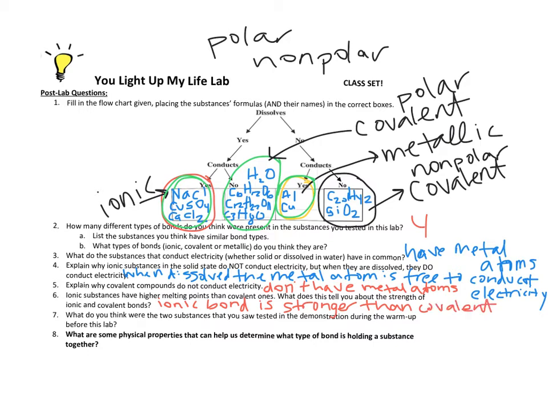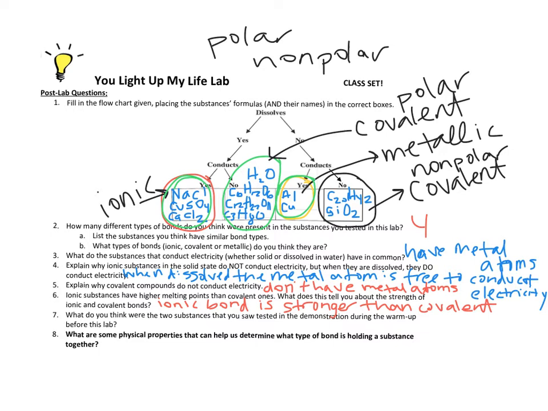Bam. All right, and last but not least, nope, not last but not least, hello, number 7. What do you think were the 2 substances that you saw tested in the demonstration during the warm-up before this lab? All right, so if you remember, I had 2 clear liquids, one that conducted electricity and one that did not.